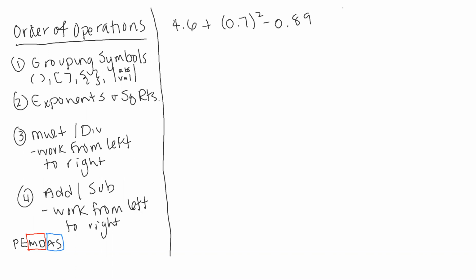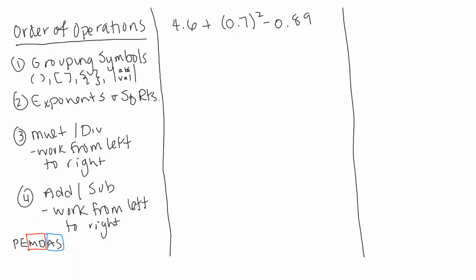So I'm going to do some side work over here. All right, I don't have any parentheses that are actual grouping symbols, okay? I do want to talk about that very briefly here. A lot of times when you're dealing with fractions or decimals, you'll have parentheses that are not legitimately grouping symbols, okay? So you can have parentheses that simply mean multiply.